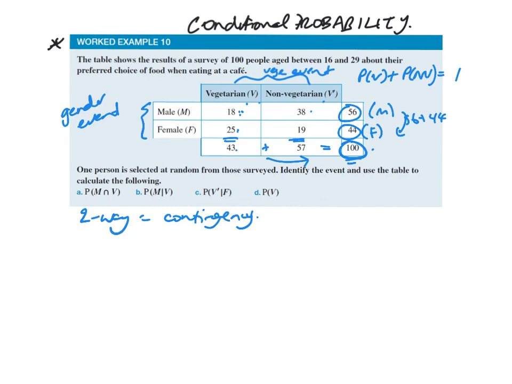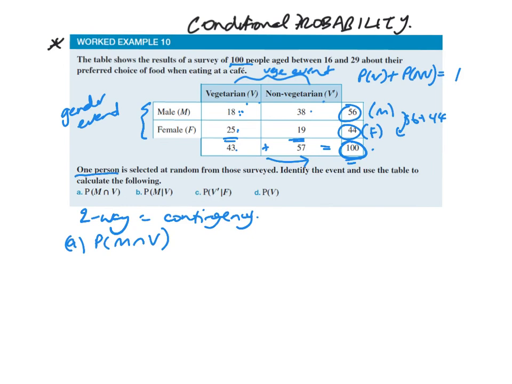Now that's there for convenience, for you to see that this is also a percentage table, but it's also numbers because they're talking about 100 people here. So let's always read around the context. It says one person here is selected at random from those surveyed. Identify the event and use a table to calculate the following. Part A, they want the probability that it's a male and vegetarian.